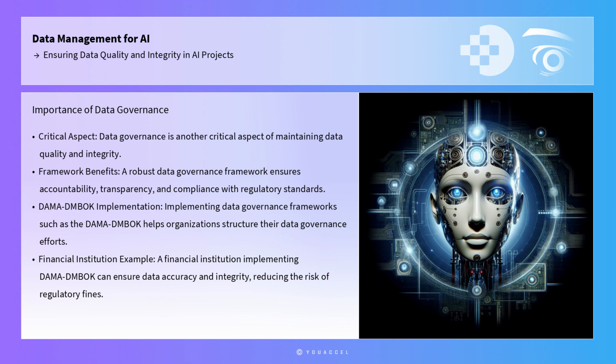DAMA-DMBOK provides guidelines on data quality management, metadata management, and data stewardship, ensuring data is managed as a valuable organizational asset. For example, a financial institution implementing DAMA-DMBOK can ensure data accuracy and integrity, reducing the risk of regulatory fines and enhancing decision-making processes.